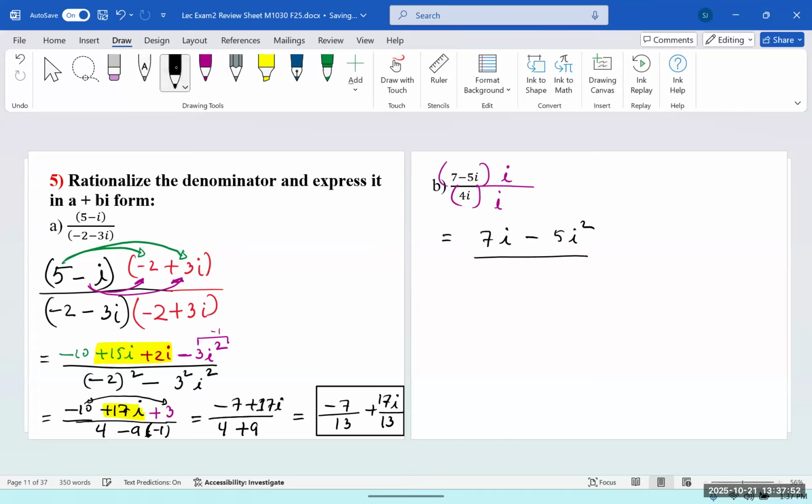What is i squared? -1. So we have 7i plus 5 on the numerator, and we have -4 on the denominator.